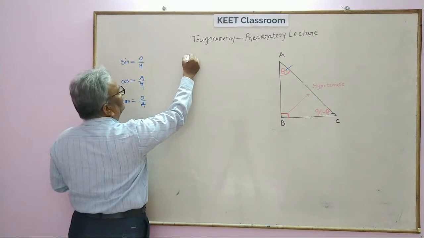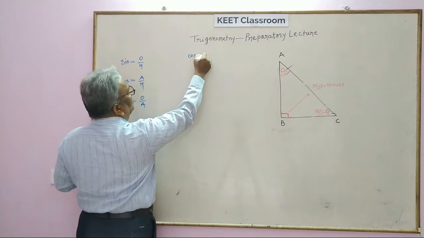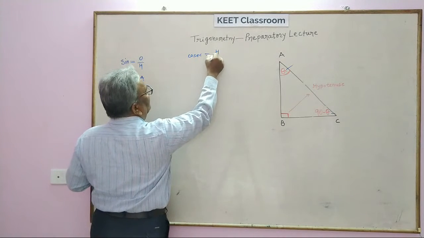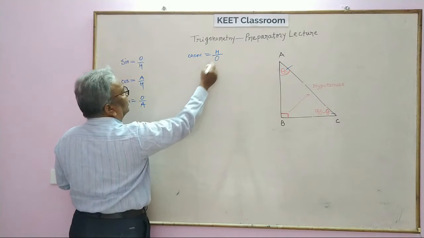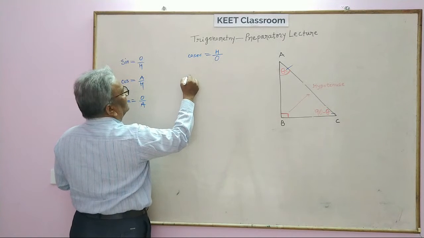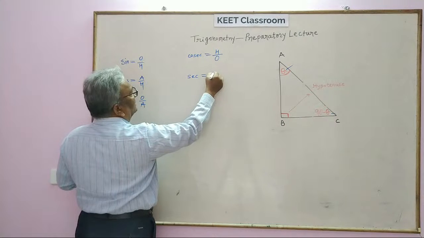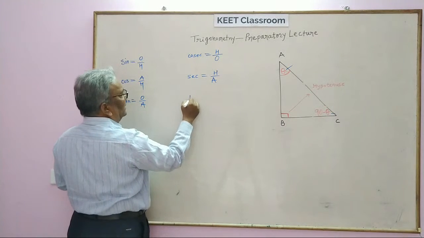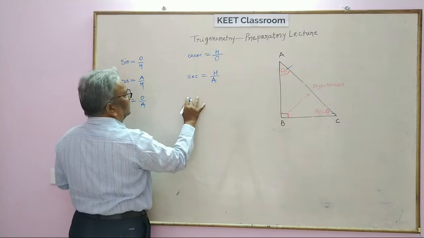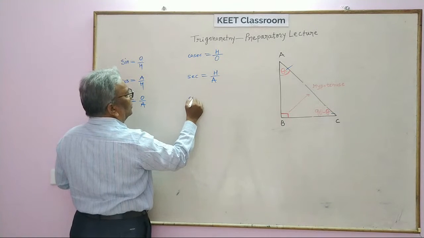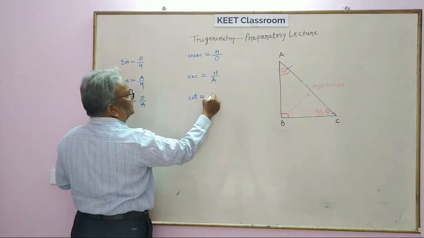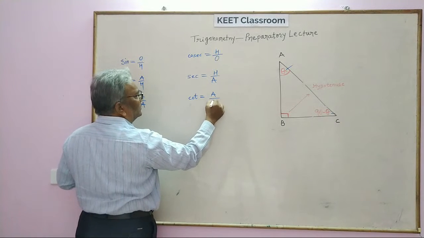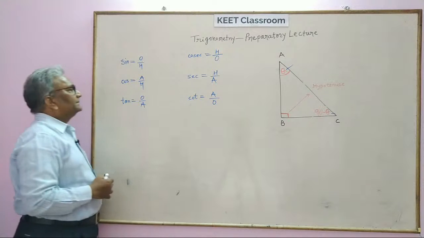Then we have cosec ratio, which is hypotenuse upon opposite side. Sec ratio, which is hypotenuse upon adjacent side, and cot ratio, which is adjacent upon opposite side.